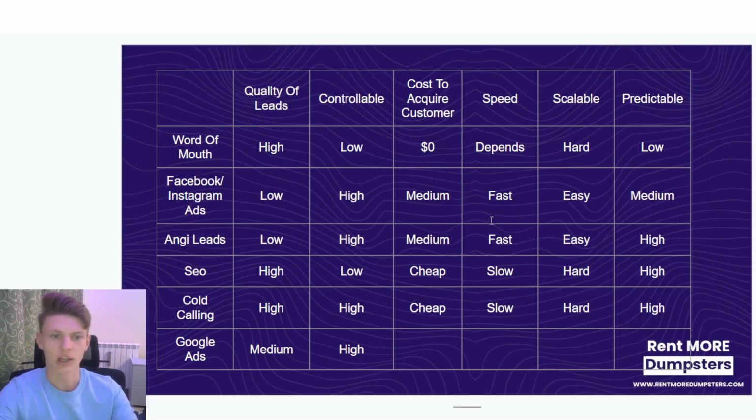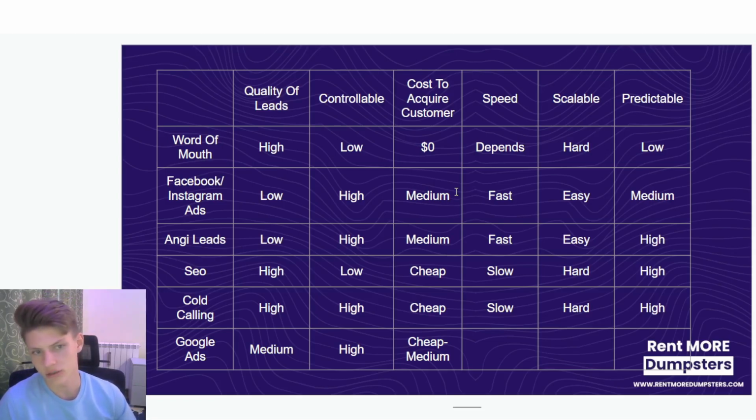Pretty easy. The cost to acquire a customer, again, really depends on how good you are on Google Ads and on landing pages, on how to attract those clients and how to close those leads. So it's around cheap to medium cost.